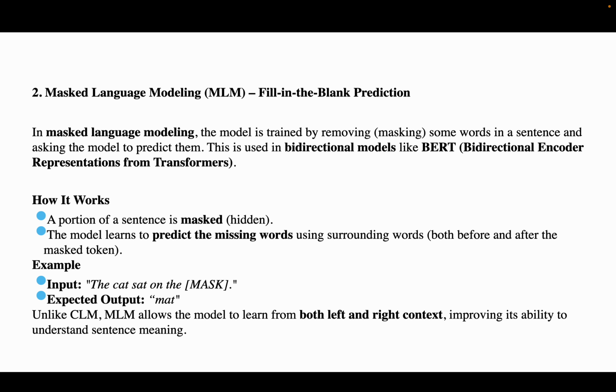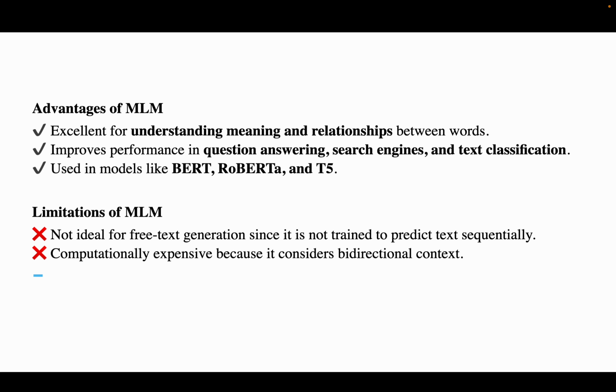For example, "the cat sat on" and then the word is masked. The expected output is "mat". So unlike CLM, MLM allows the model to learn from both left and right context, improving its ability to understand the sentence meaning. Let us see what are the advantages. It is excellent for understanding meanings and relationships between the words.